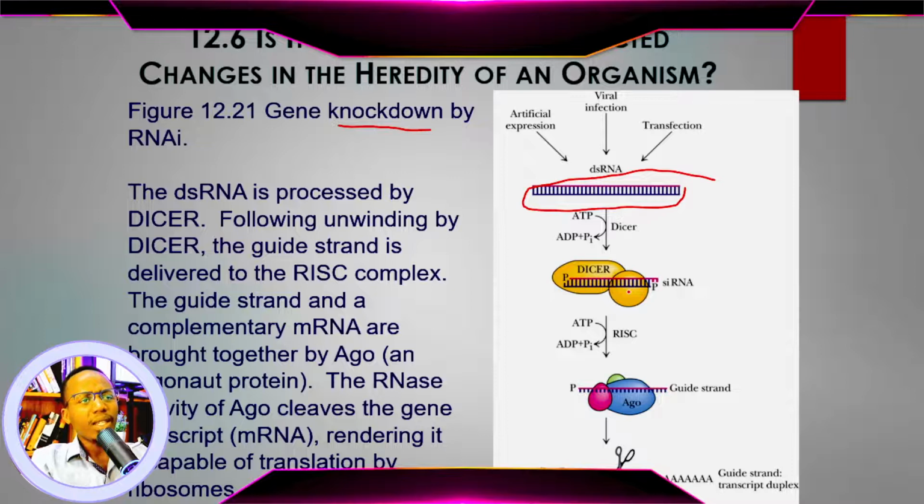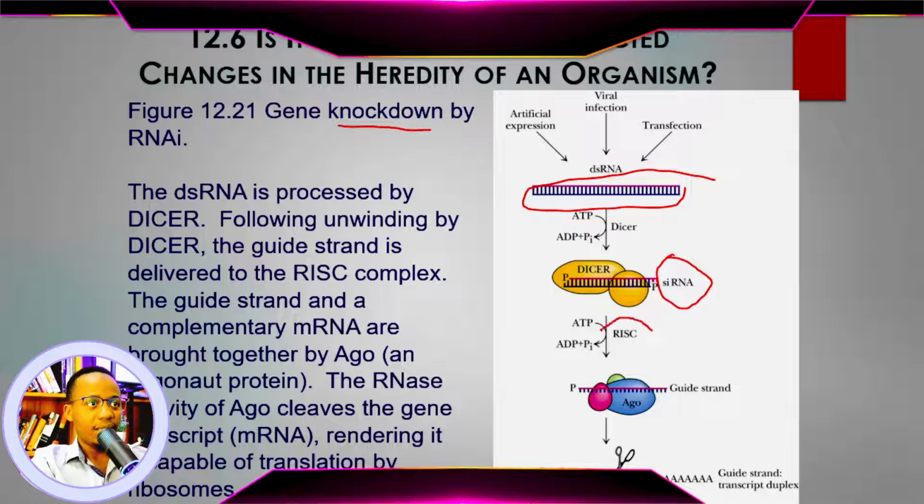So the guide strand is called siRNA. So if you've heard of siRNA, this is where it comes in, right? So the dicer opens up your DNA, and then siRNA comes in and it's complementary to your DNA, right?